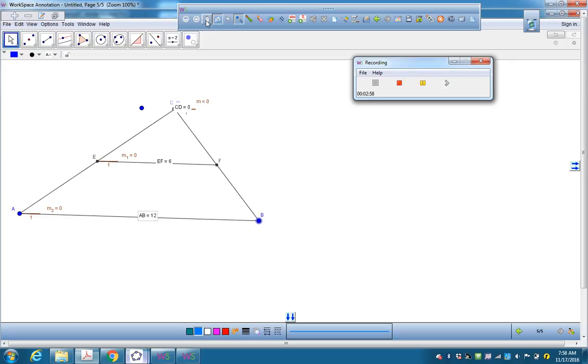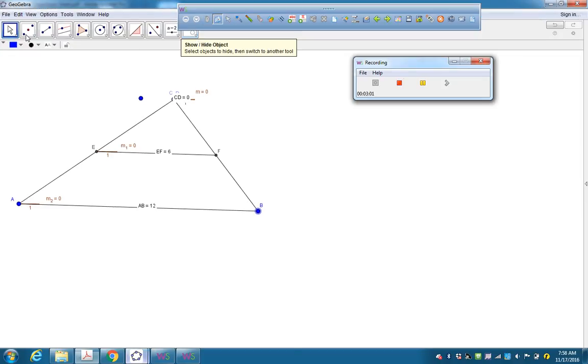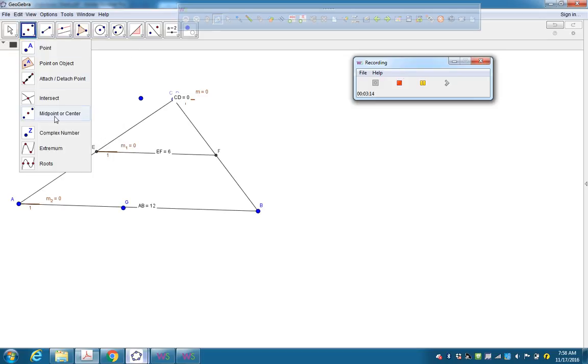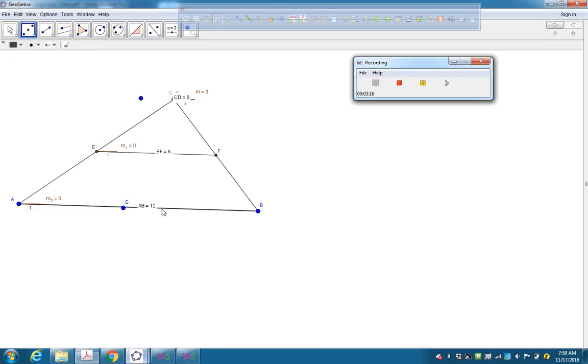They didn't talk about that, but if I put a midpoint at center, and I click on this, where's my midpoint? Oh, it's hidden under this. You can see the little dot. Oh, let me move that. Oh, there it is. Okay.